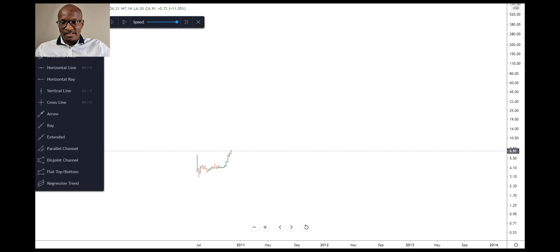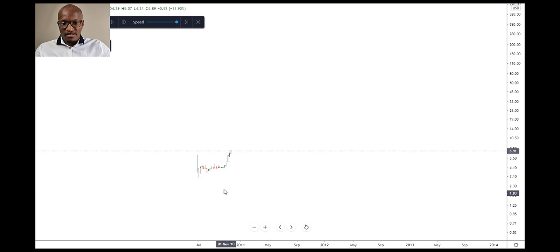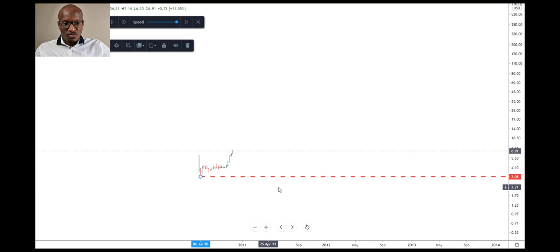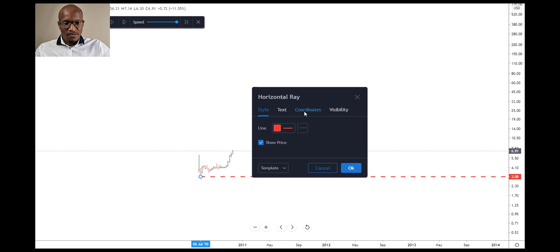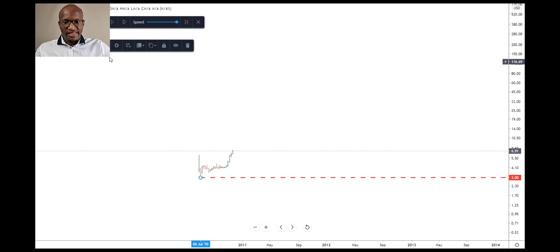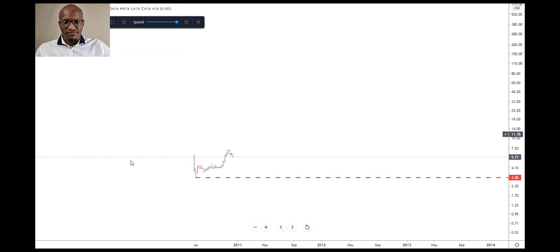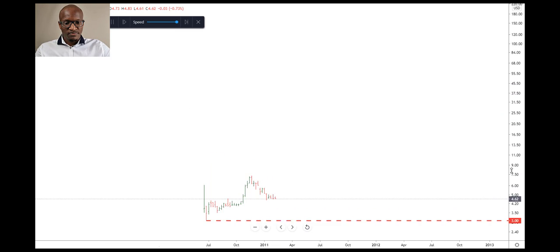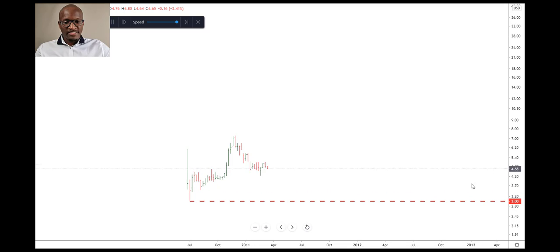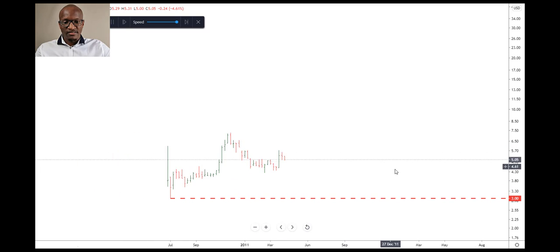So let's just label that $3 low. And then the market started advancing. And just to emphasize, this chart is log scale.